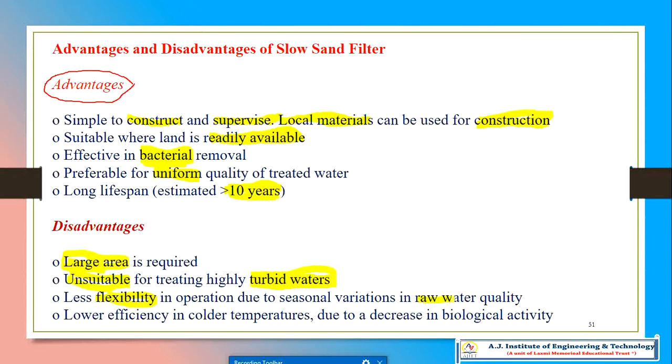Yes, because if you take a river as the source for drinking water supply, there will be seasonal variation in the river. In the rainy season there is a different quality of water, in winter a different quality, and in summer a different quality of water comes. So there is less flexibility in operation due to this seasonal variation.